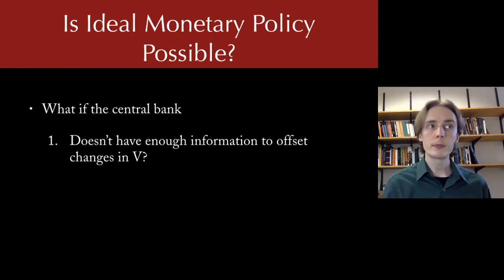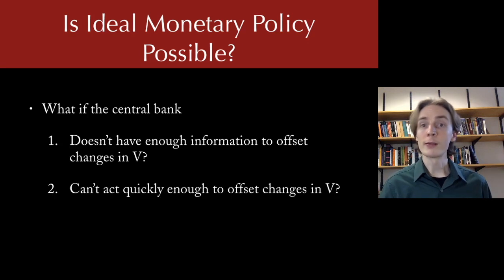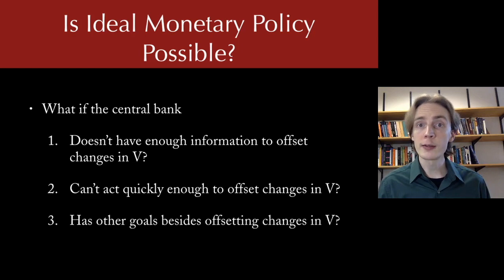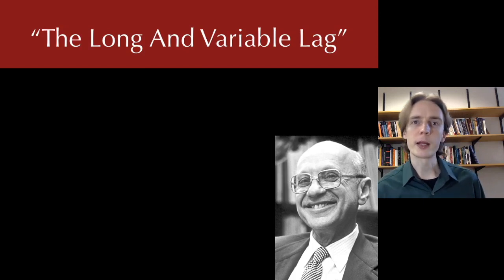What if it acts too late, or isn't fast enough, or doesn't have the right knowledge in order to know either what to do, when to do it, or how much to do? Or maybe the central bank has other goals entirely. Maybe its interests aren't aligned for whatever reason with the interests of the economy as a whole. Any one of these three things is going to be sufficient to take us away from that ideal monetary policy. So here's Friedman again.